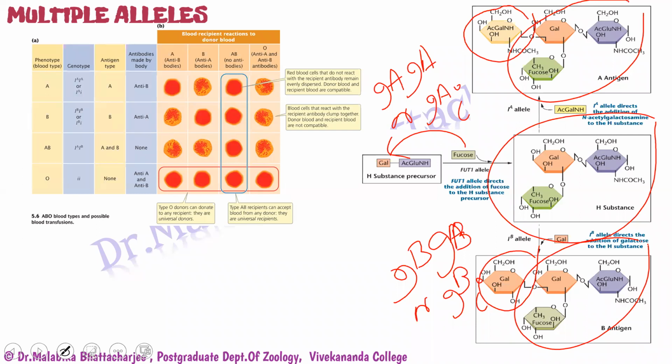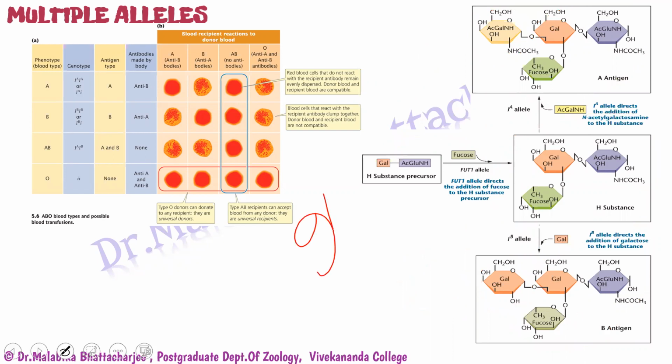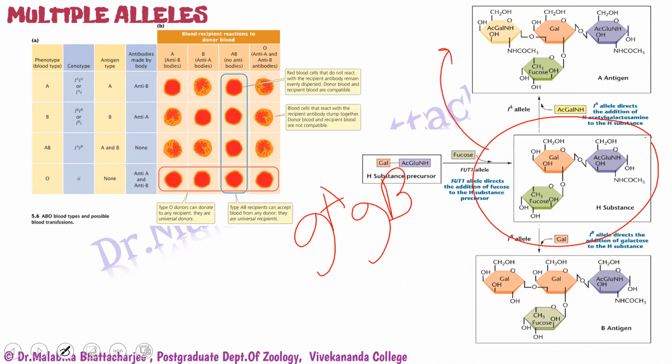Now, when the concept of codominance comes in the case of the blood group, let me erase all these things. In case of people having IA IB, if there are 100 molecules of these precursor substances, for 50 molecules, N-acetylgalactosamine will be added because of the IA allele producing the glycosyltransferase.